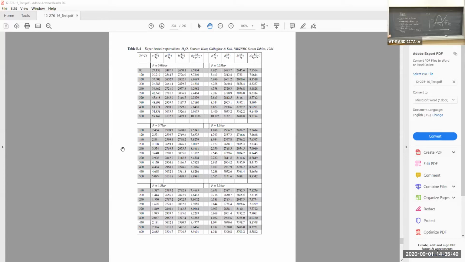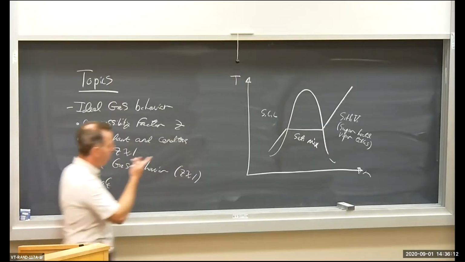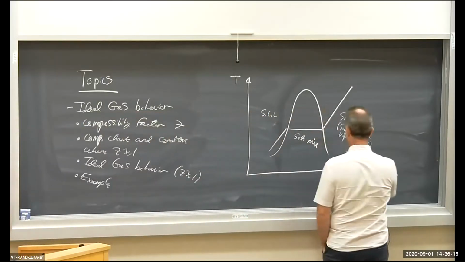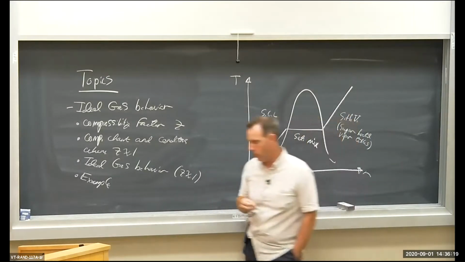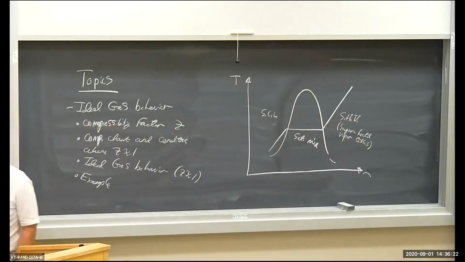So that's one way. Let's say we're interested in getting a specific volume for a given pressure and temperature. Well, we would obviously use a table. We may have to do a little interpolation between temperature or pressure points in order to estimate a specific volume, for example. So we would get properties from superheated vapor tables, out in the superheated vapor region.